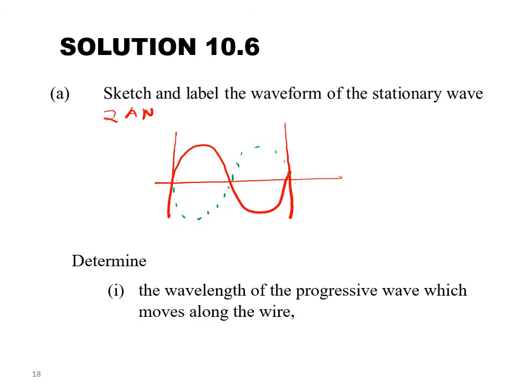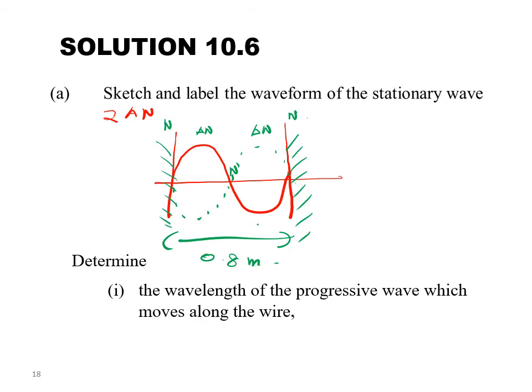Here we have nodes, antinodes, nodes, antinodes, and again nodes at the two fixed ends. This means the length of the wire between the fixed ends is 0.8 meters.